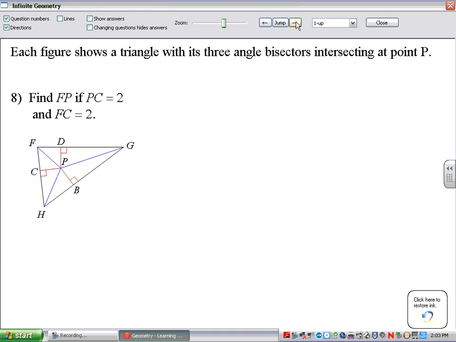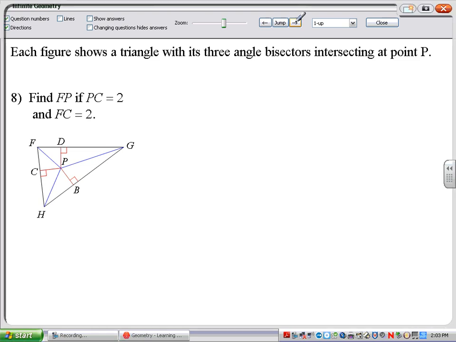Number 8. Find FP. So F to P, right there, let's call that X. If PC, P to C, this one, is 2, and FC is also 2. So we have that little triangle.